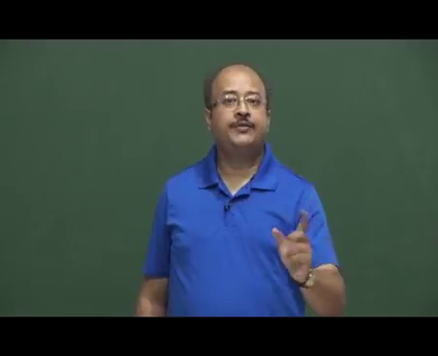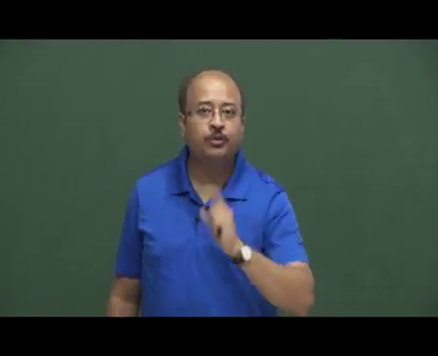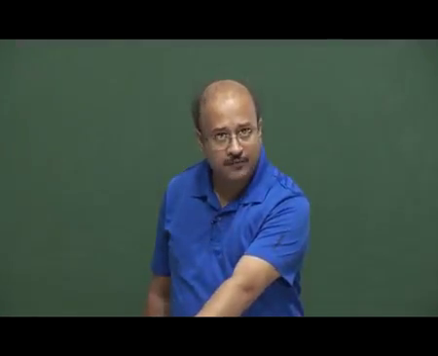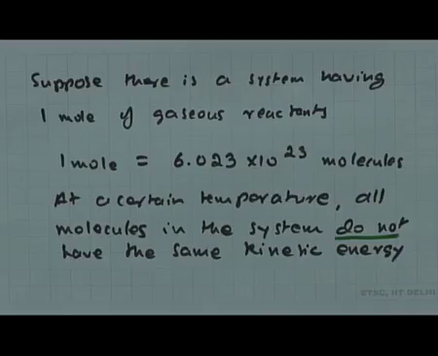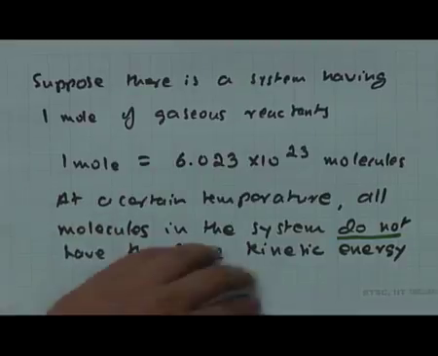But now the difference is that I am not talking about one molecule, because I have made this statement in this previous sheet of paper, that at a certain temperature a system having so many molecules, not every molecule would be having the same kinetic energy, hence there will be a distribution obviously. Now on the other hand, if I change my temperature, I will also change my kinetic energy. If I change my kinetic energy, then I am also going to affect my distribution of kinetic energies. And how is that?